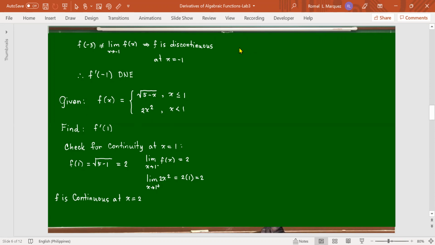So let's check. Because it is continuous, there is a chance. What is the derivative from the left?